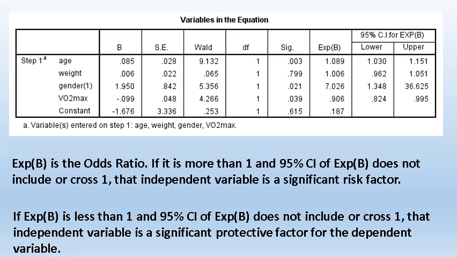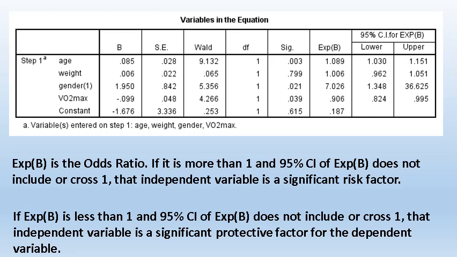If the 95% confidence interval of exponential B does not include or cross the null value of 1, that independent variable is a significant risk factor. So we can see one by one.